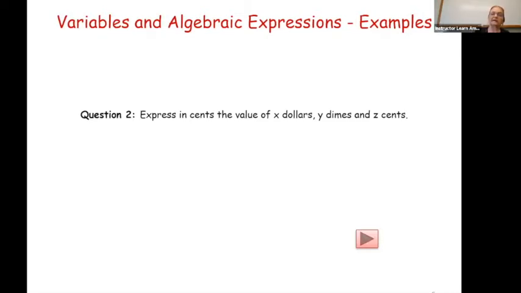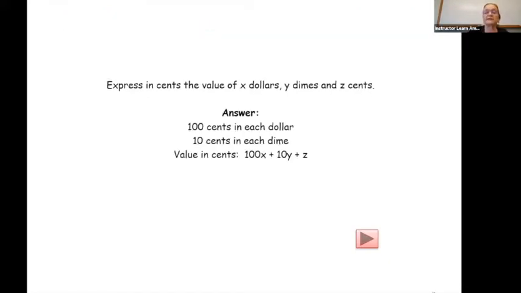Let's take a look at some examples of variables and algebraic expressions. Supposing we wish to express in cents the value of x dollars, y dimes, and z cents. And again, if you are confused by the use of variables here, you can start out by picking exact numbers, seeing how they work, and then trying to generalize it to x dollars, y dimes, and z cents.